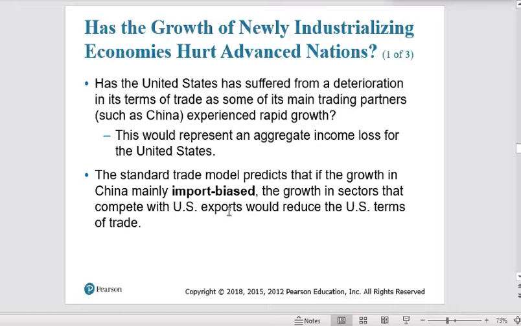TVs were very expensive in the past, but now they're super cheap. So if China expands TV manufacturing and makes TVs very cheap, and the Americans are importing TVs, that will make them happy because they spend less and less money on TVs, right? TVs become cheaper for them.